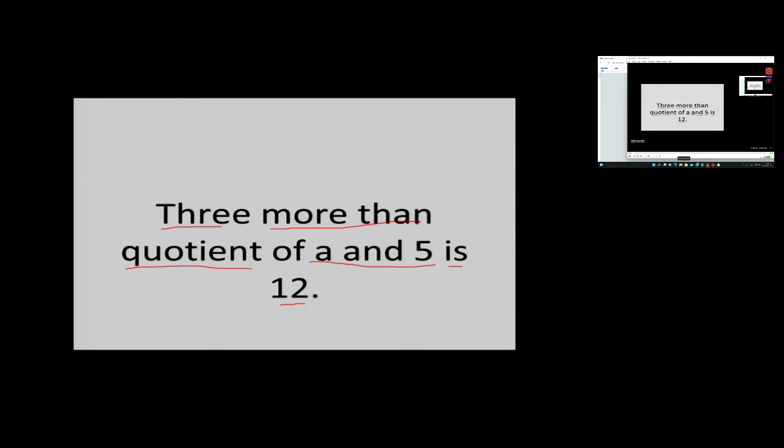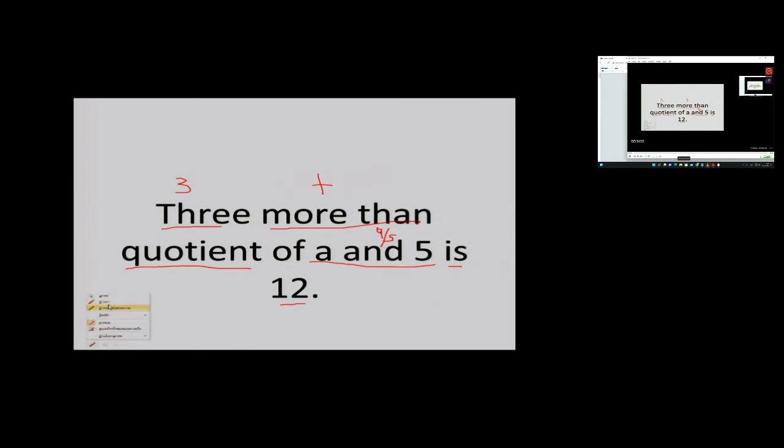But this one is correct. Why? As I've told you earlier, more than is like less than. The direction is A over 5. The direction of more than is from right going to the left.